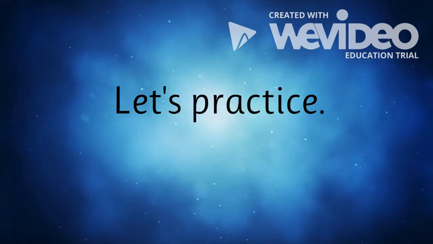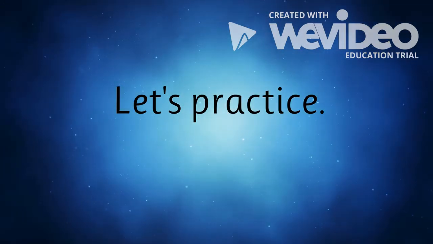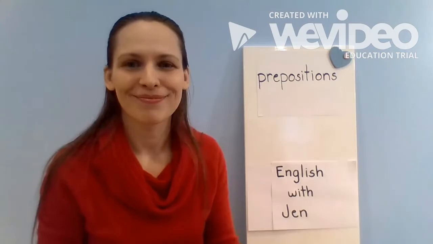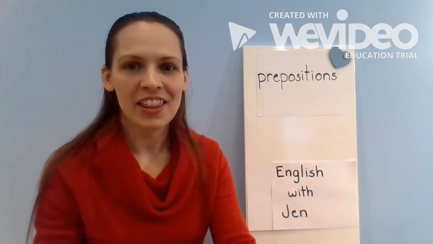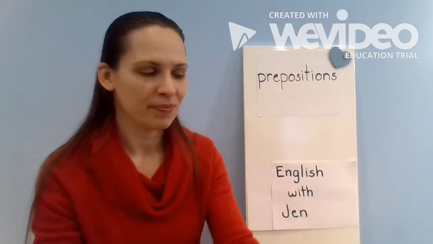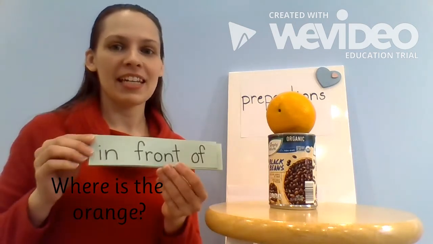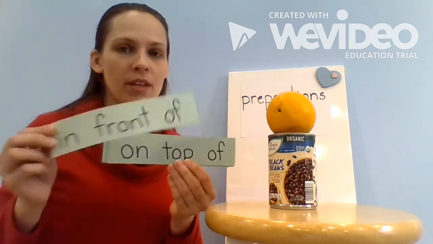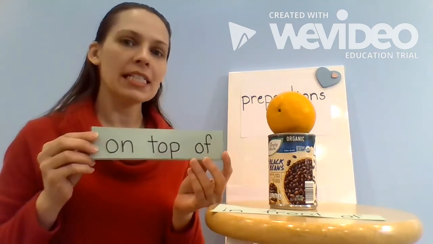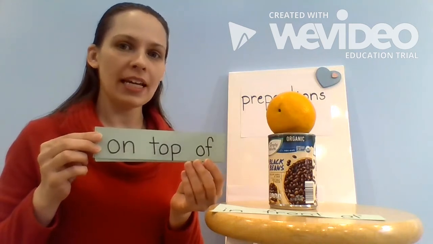Okay, so let's try some of these using the things that I showed you. Let's start with the orange. Where is the orange? Is it in front of the can of beans? Is it on top of the can of beans?